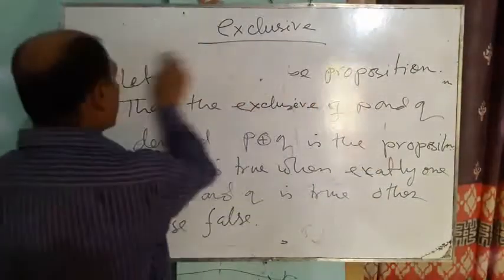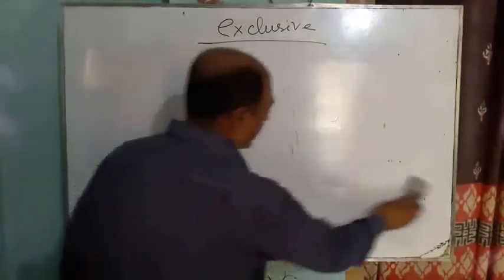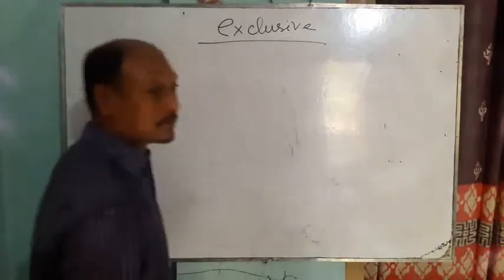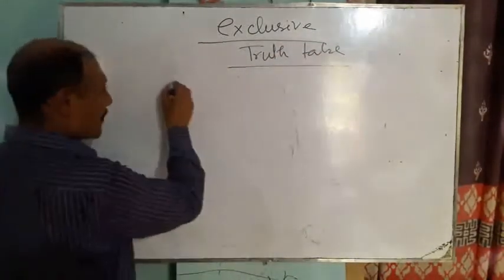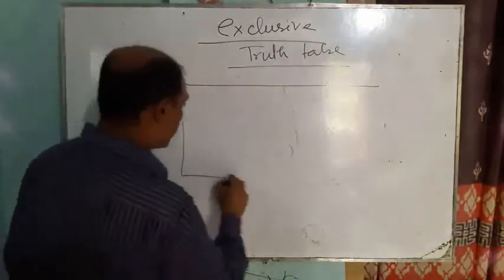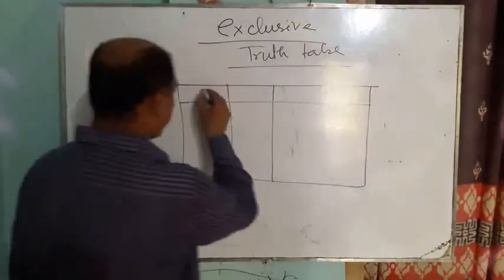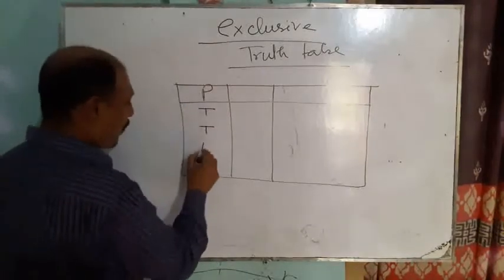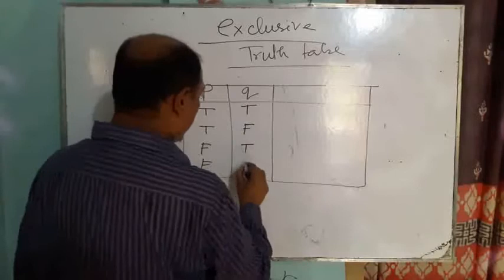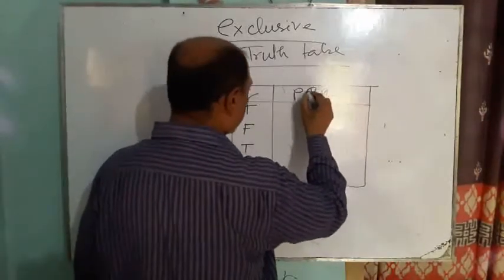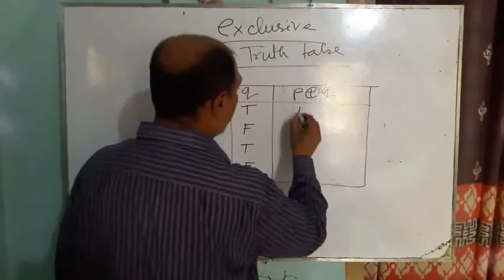Now we will see the truth table. Let P and Q be propositions: true, true, false, false; true, false, true, false.